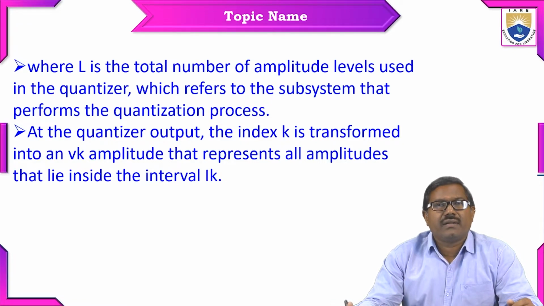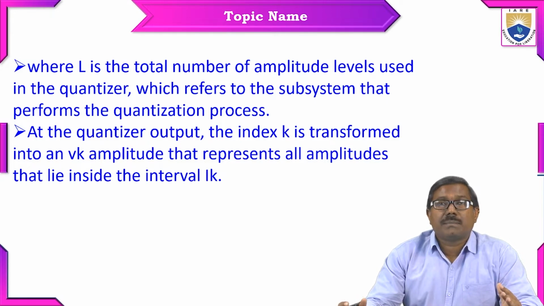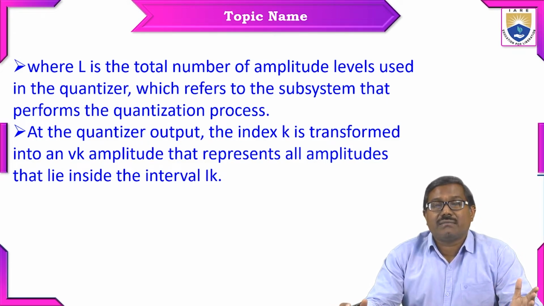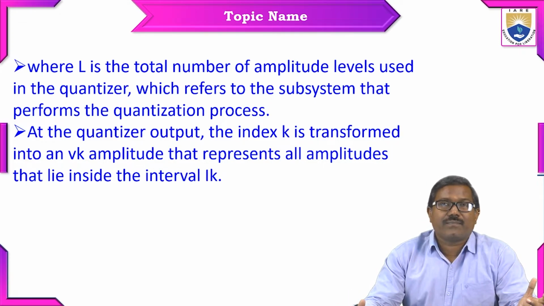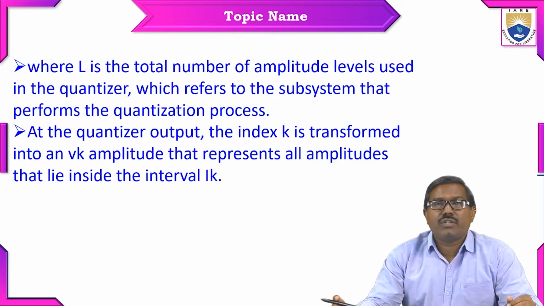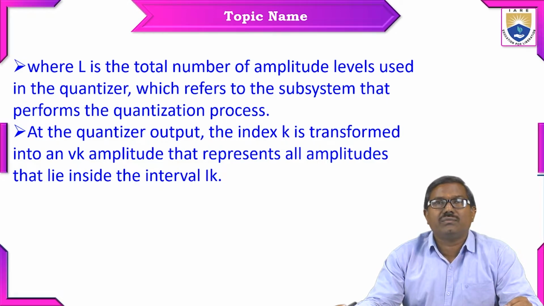The continuous amplitude is converted to discrete by approximating to the nearest value. Each level has some amplitude, but my continuous amplitude is rounded off to the discrete amplitude. That is quantization.